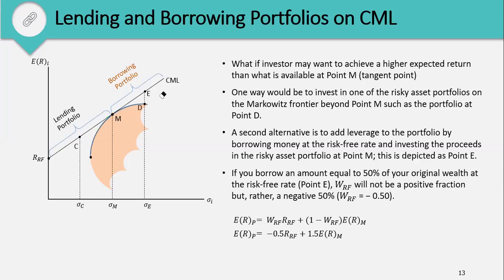Because if you remember, when we were developing this capital market line, we already identified this market portfolio, and we call it the portfolio that has minimum risk, because the market portfolio consists of all the investments available within the market.